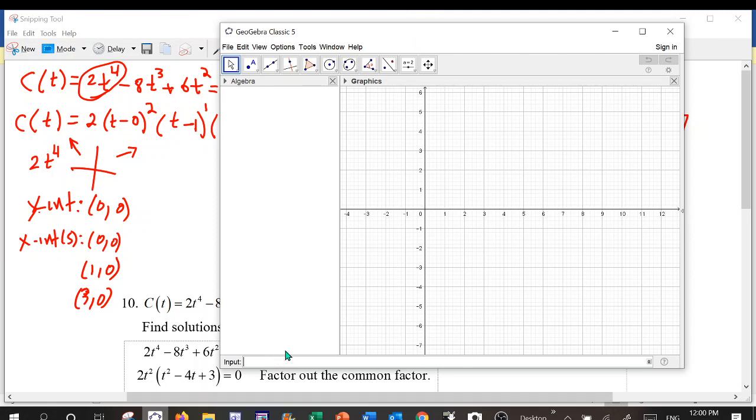So this graph is going to look like, let's see. Instead of t, I can use x, or I can use t, doesn't matter, but I think x is better. I just use x minus 8x to the 3rd power and plus 6x to the 2nd power.